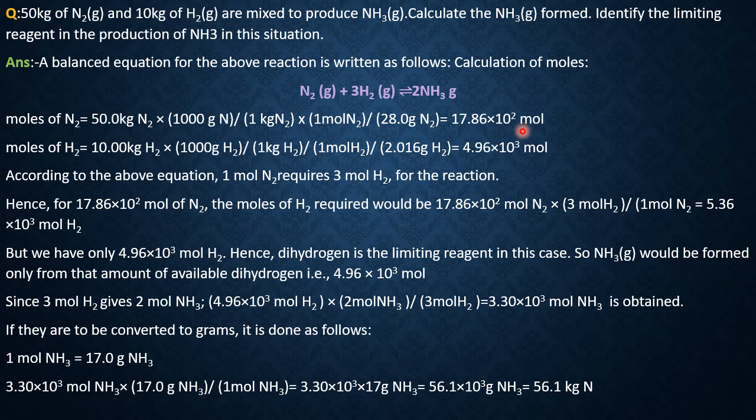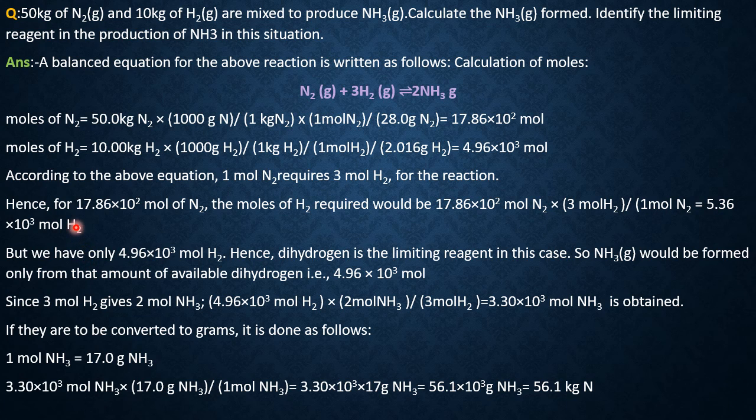The equation says hydrogen required is 3 times that of nitrogen, so multiply 17.86 into 10 to the power of 2 by 3. The answer is 5.36 into 10 to the power of 3 moles of hydrogen required.